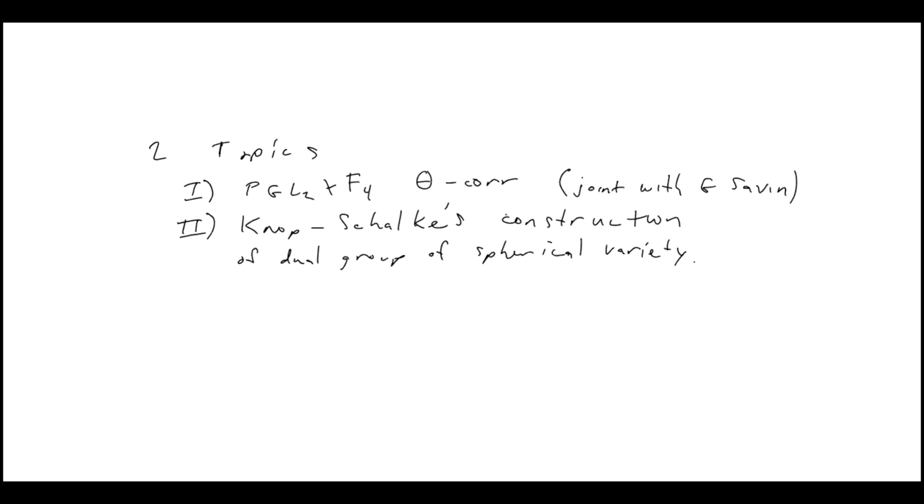All right. So let me just quickly remark on the connection between these two topics. From the PGL2 F4 exceptional theta correspondence, this gives us a way of characterizing the spin 9 distinguished representations of F4.